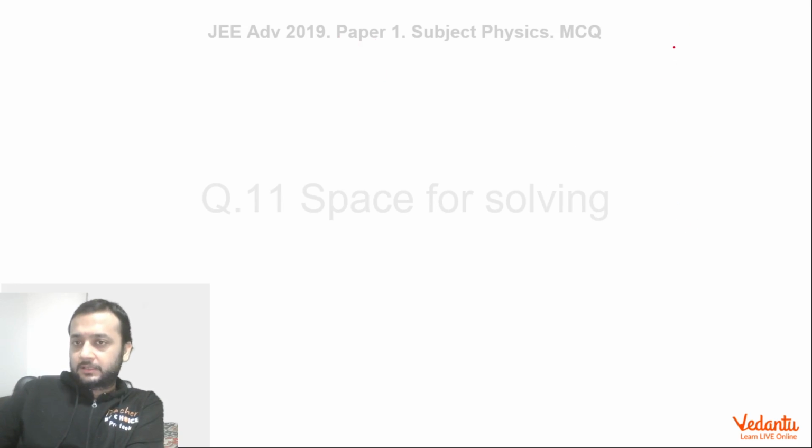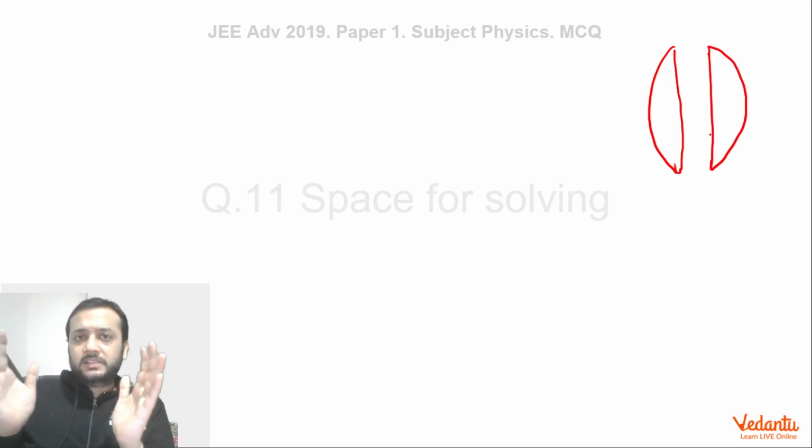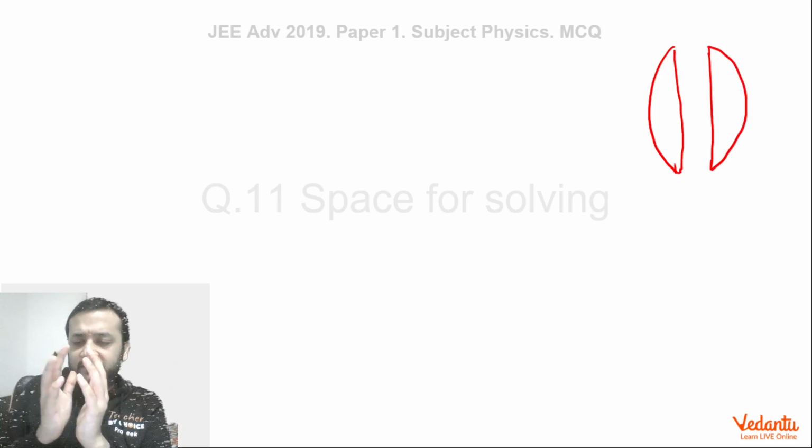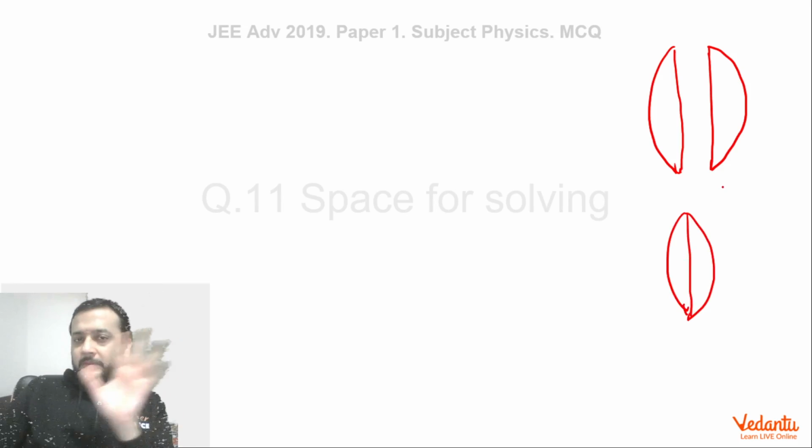If you think that the left lens is in this type of situation right now, and we are bringing these two lenses very close to each other, such that eventually we see it like this. Basically what I'm trying to say is, can we treat it as if there is nothing here?